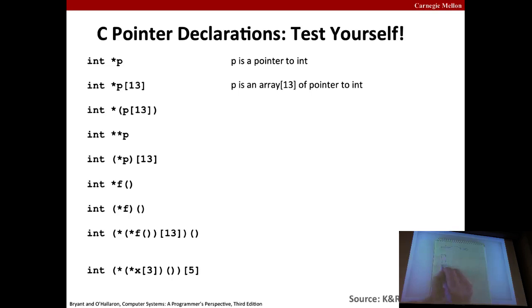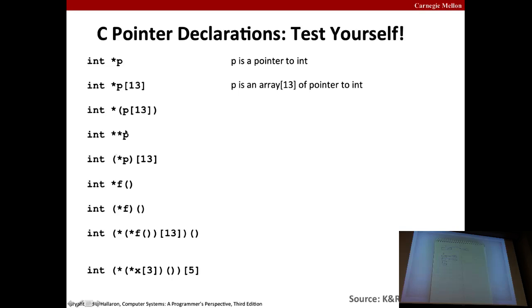So p is an array of 13 pointers, each of which points to an int. In this case, p is just the name of the array. So by default, p is the address of the array. When you reference an array name, you're addressing the address of the first element.